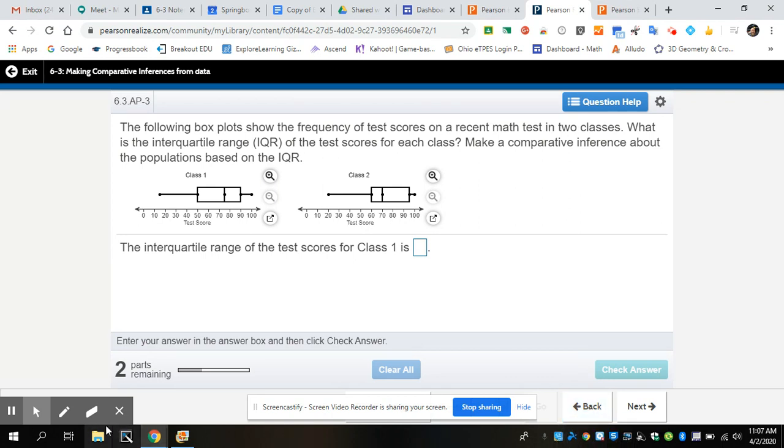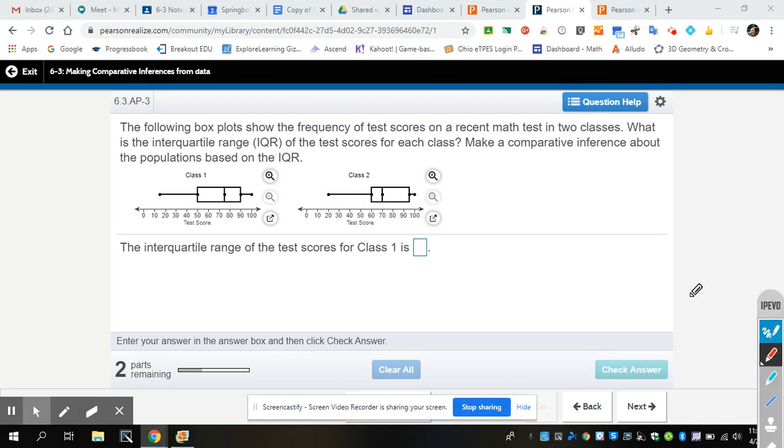I need to open this up as well. Okay, so we've got 4 parts to box and whiskers, because it breaks up data into 4 equal parts.